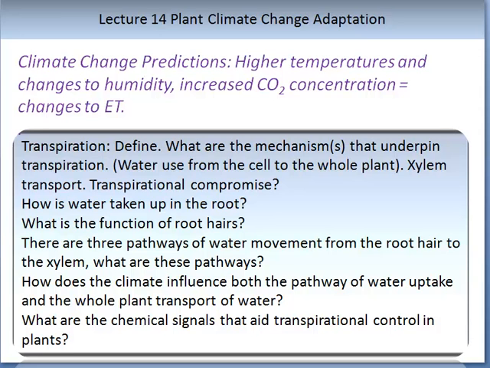Overall, in both C3 and C4 plants, it is estimated that stomatal conductance is consistently but not universally decreased as carbon dioxide levels increase. This has been stated by several authors such as Ainsworth and Long in 2005, Leakey et al. in 2009, and Ziska and Bunce in 2006.